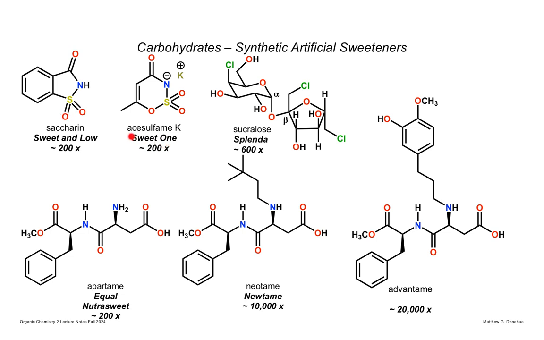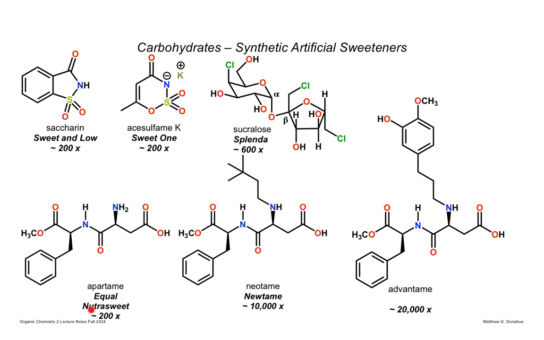Sweet One, which is acesulfame K, has some things that look like saccharin. This group, this sulfur with 2 oxygens and a nitrogen, that's a sulfonamide. So it has that as well. Here's sucralose. Again, that's looking more like a derivative of a naturally occurring sugar.